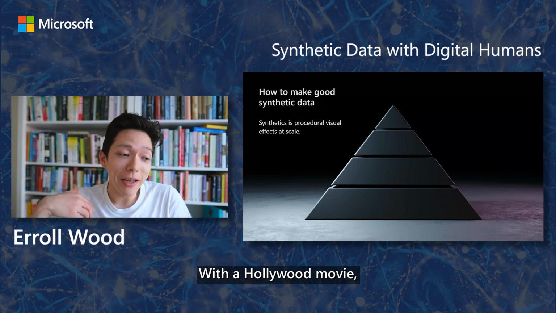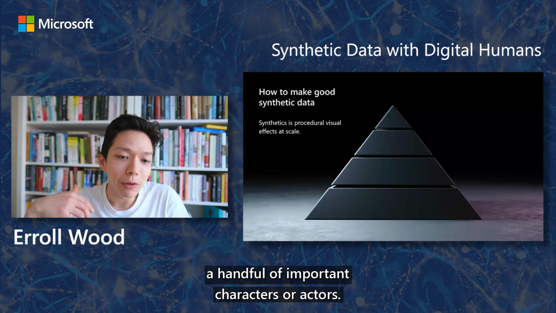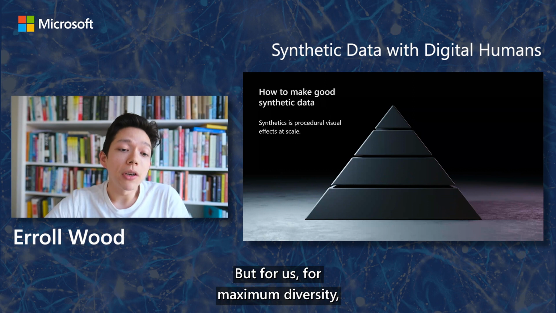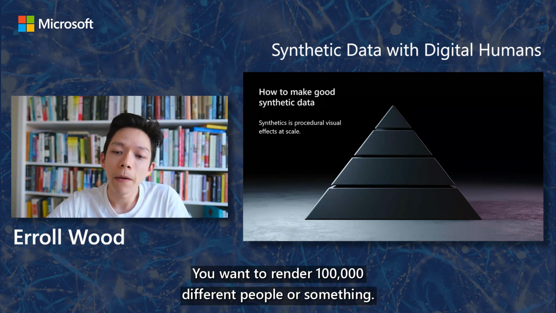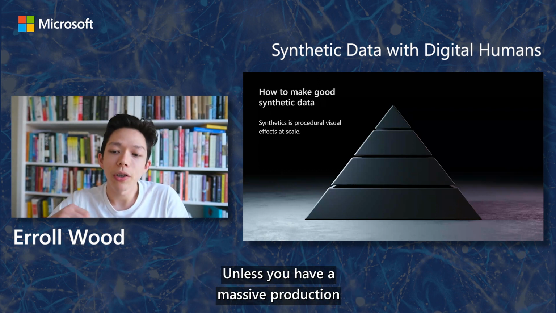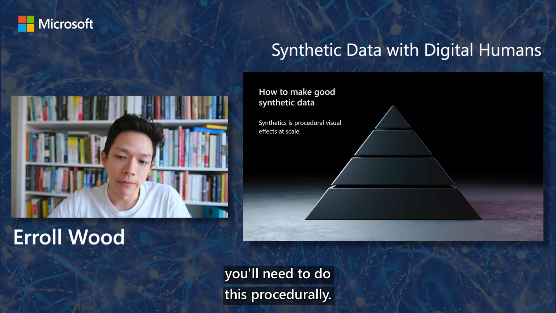With a Hollywood movie, you might be rendering a few hundred different shots of a handful of important characters or actors, but for us, for maximum diversity, we want every single frame to be as different as possible from one another. So you want to render 100,000 different people or something. So unless you have a massive production house of artists that can prepare 100,000 different shots of different people, you'll need to do this procedurally.